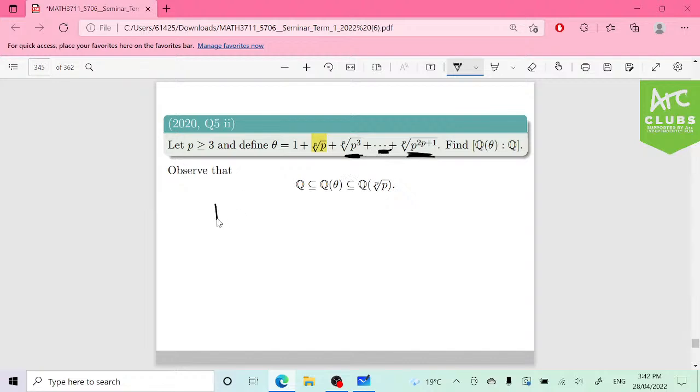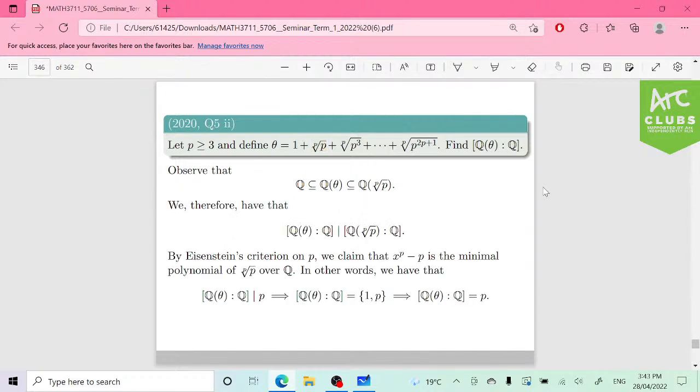So what we can do is write this as the following. As a result, we can construct Q(theta) by Q of the pth root of p. So by our tower of extensions, we have that this result holds, right?